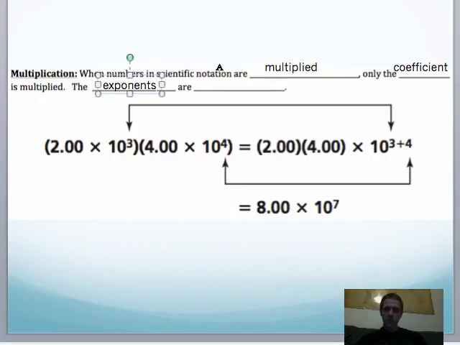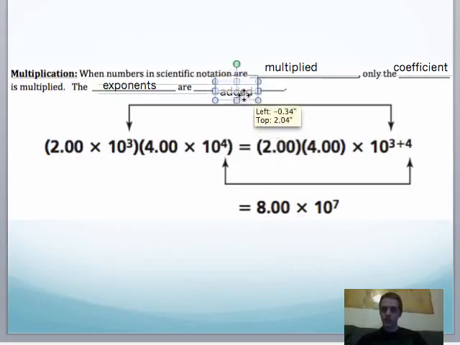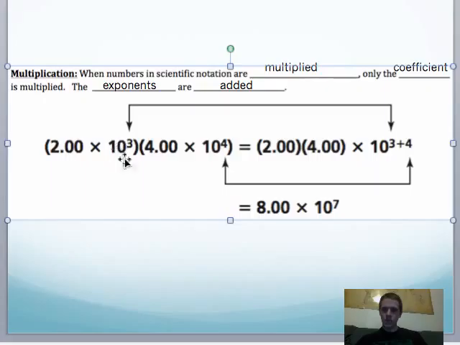Because scientific notation is beautiful, the base is always 10. We pretty much guarantee that with scientific notation. So all you need to do is add those exponents. 3 plus 4 over here will give you your answer of the 7th power. Multiply those coefficients. 2 times 4 gives you your coefficient of 8. So you're multiplying your coefficients and you're adding your exponents. And now you have your new number in scientific notation.